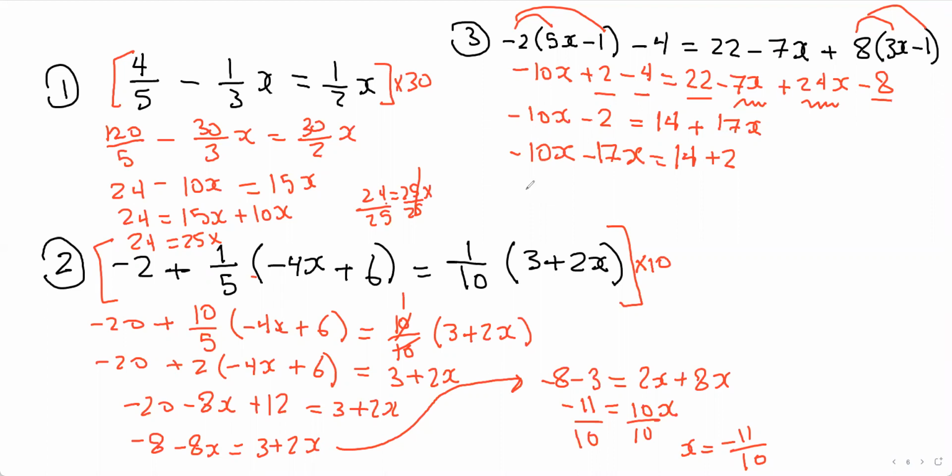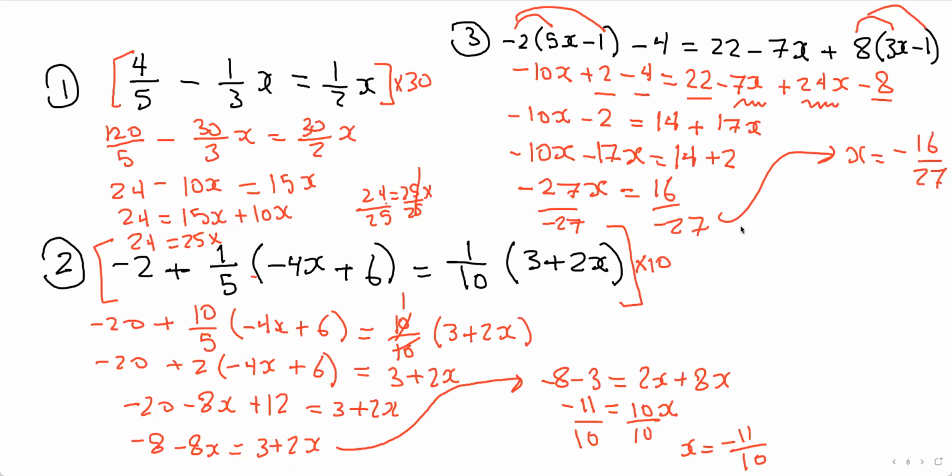And therefore, -27x equals 16. And when you get to this stage, you just divide both sides by -27. And therefore, x equals -16 over 27. Don't keep the negative on the bottom, as I told you from last time. Does that make sense?